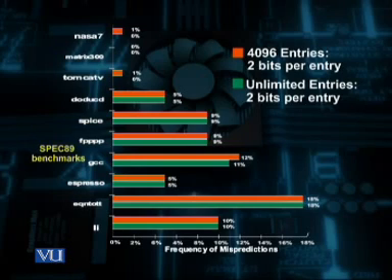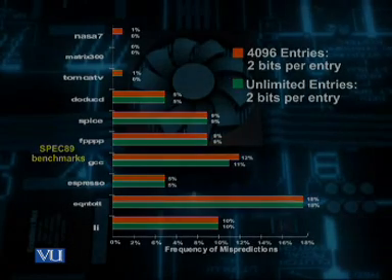As you can see from here, for 4K entries using a 2-bit branch history table and for unlimited entries using a 2-bit branch history table, simply increasing the number of bits per predictor without changing the predictor structure has very little impact. So we have to look at some other method to increase the accuracy of the predictor.